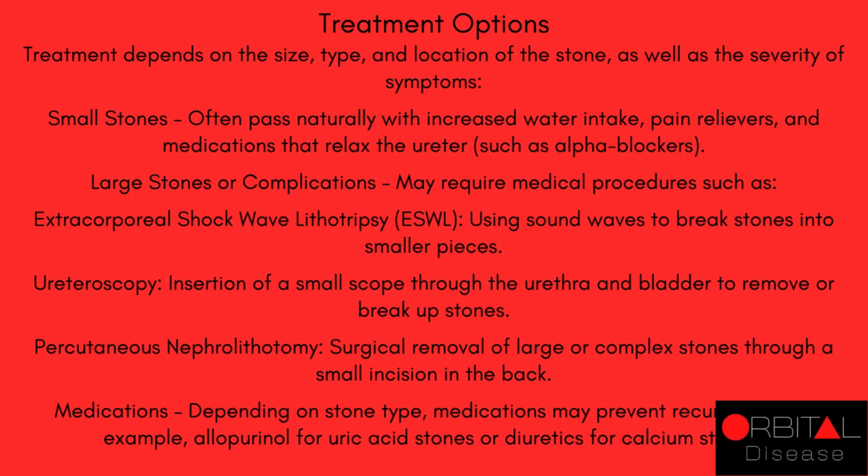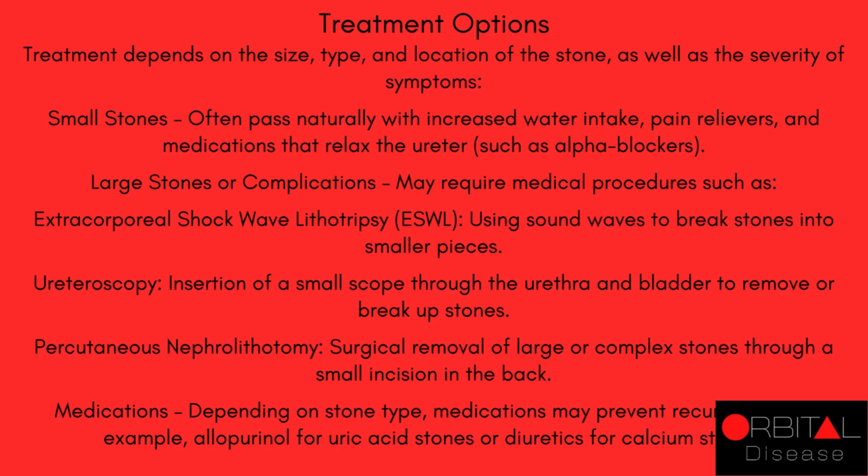Large stones or complications may require medical procedures such as extracorporeal shockwave lithotripsy, ESWL, using sound waves to break stones into smaller pieces. Ureteroscopy, insertion of a small scope through the urethra and bladder to remove or break up stones. Percutaneous nephrolithotomy, surgical removal of large or complex stones through a small incision in the back.